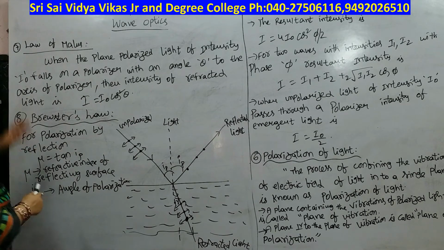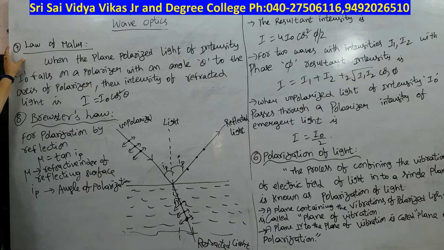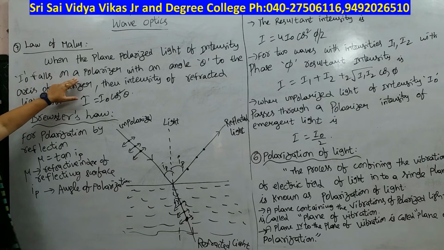Next our topic is the law of Malus. When plane polarized light of intensity I naught falls on a polarizer, where the polarizer is the device which converts unpolarized light into polarized light, at an angle theta to the axis of the polarizer, the intensity of the refracted light is I equal to I naught cos square theta.